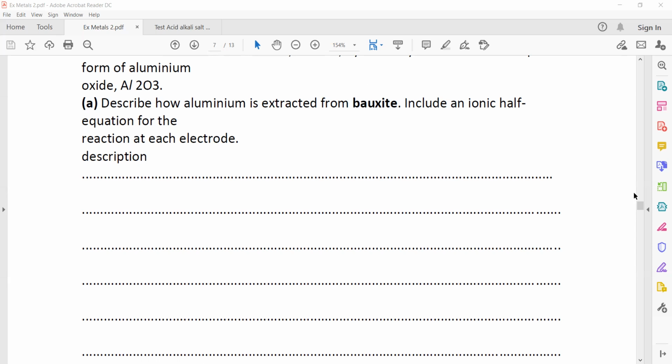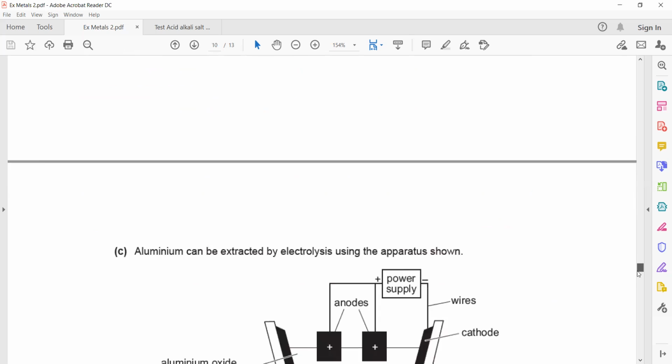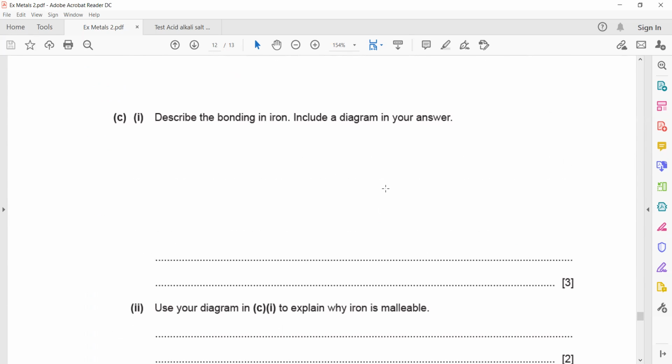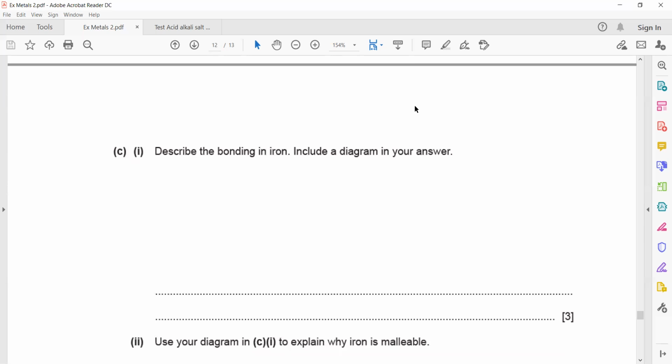Then 7C1. Describe the bonding in iron, include a diagram. Bonding in iron, because iron is a metal.